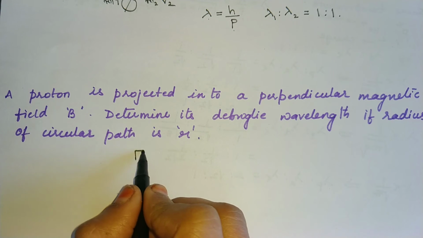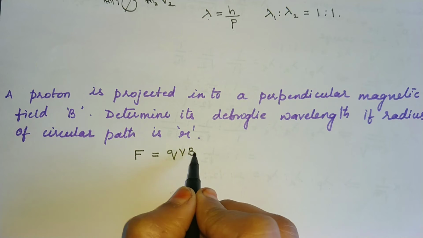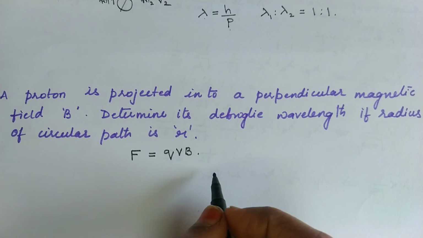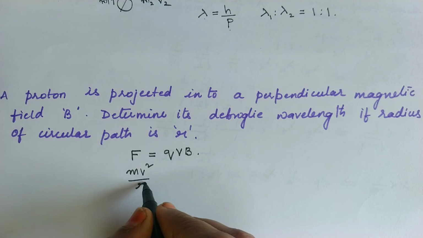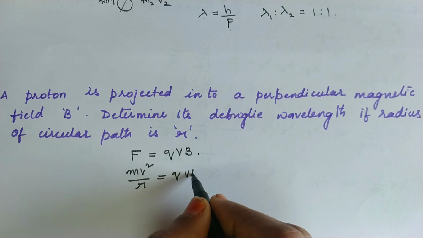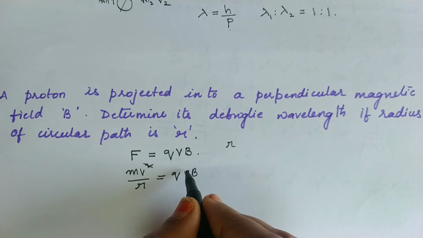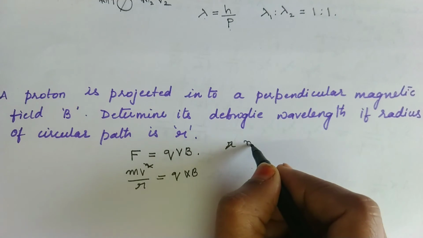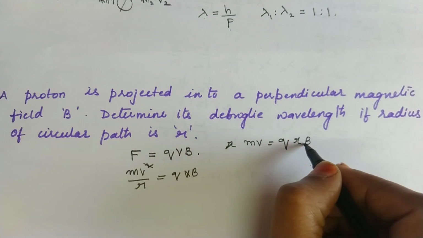The magnetic force is QVB, and this magnetic force supplies the necessary centripetal force. So I can write mv square by r is QVB. From here, v and v get cancelled, and I will get mv is equal to q into r into B.